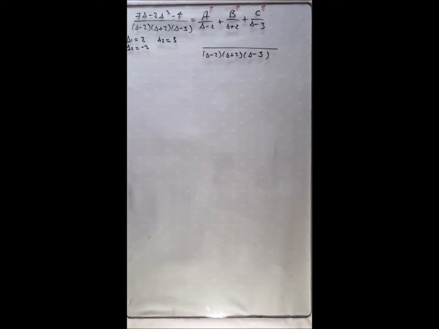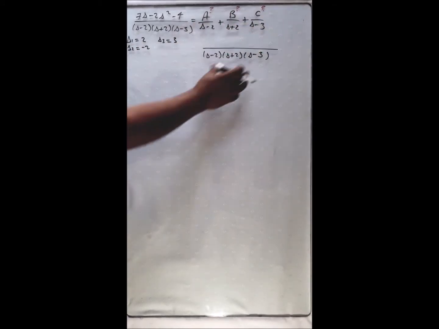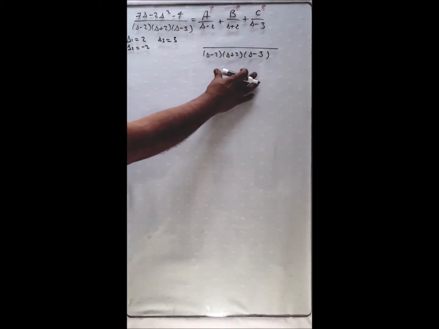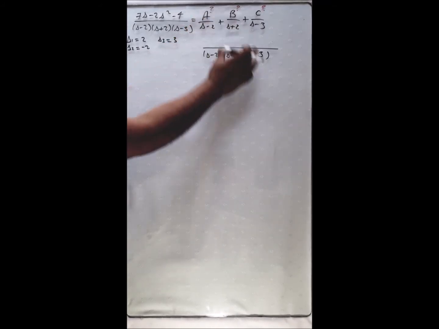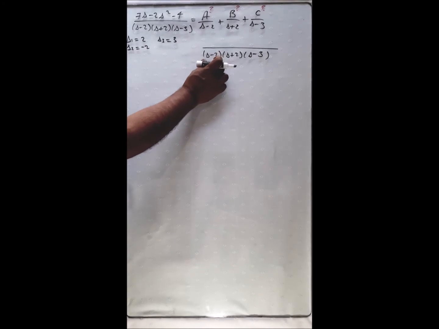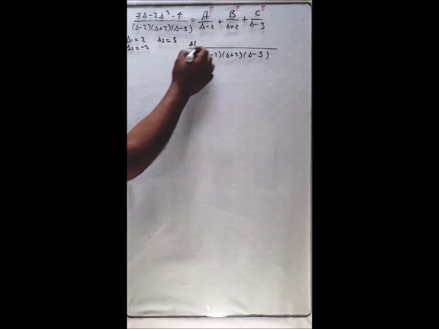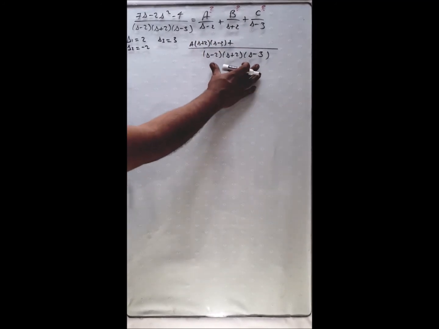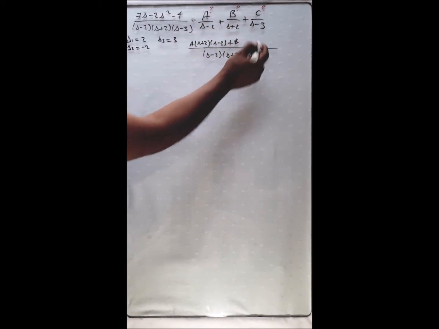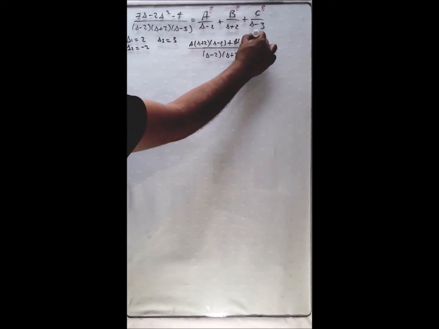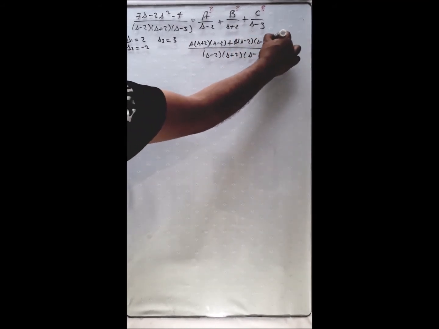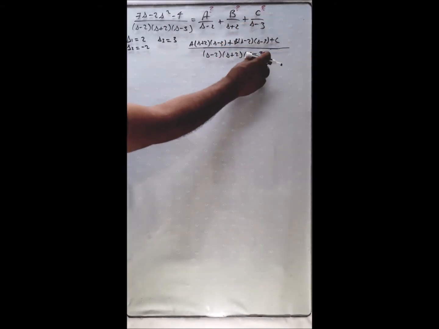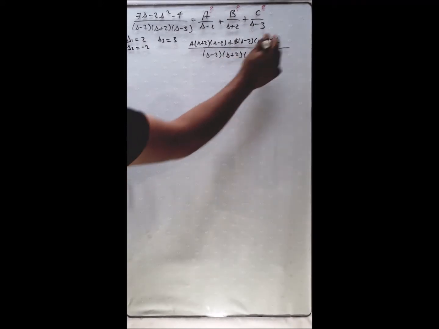If you do these three fractions, when you do the common denominator, you will have to do this: this divided by this, times the A. The s minus 2 cancels, so you will have A times (s plus 2)(s minus 3), plus B times (s minus 2)(s minus 3), since what cancels here is s plus 2, plus C. Now this divided by this, the s minus 3 cancels, so it's going to be C times (s minus 2)(s plus 2).